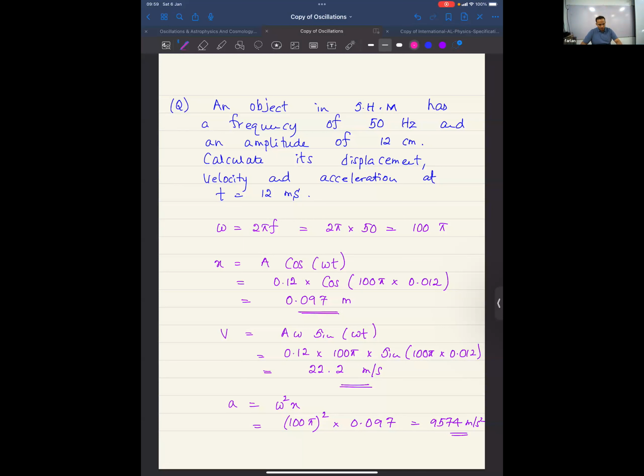At time t, what is the equation you use? Omega squared into A cos omega t. Okay, fine, no problem. Here I have taken the approximated value of x, which is 0.097. That is the difference.